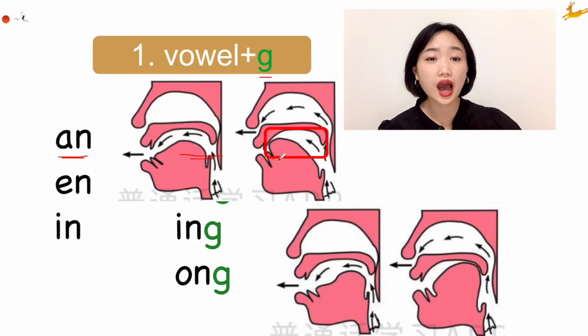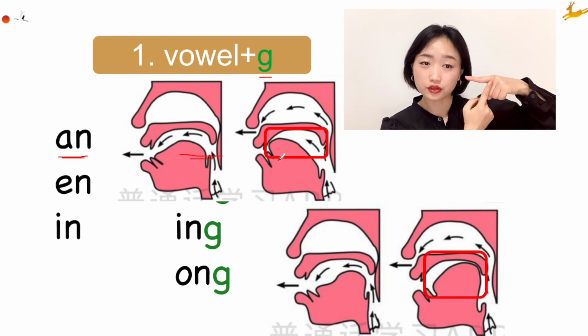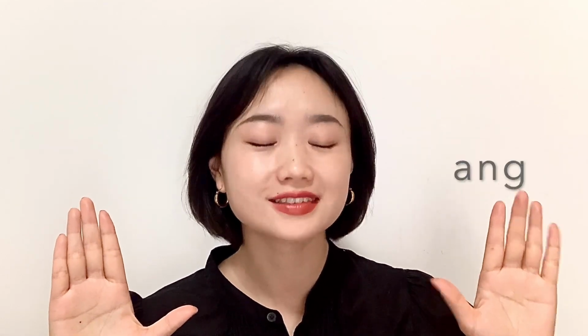But when we say ang, the root of our tongue touches the upper part. Yes, like this. Ang. Again. Ang. Yes, this is the difference between an and ang.